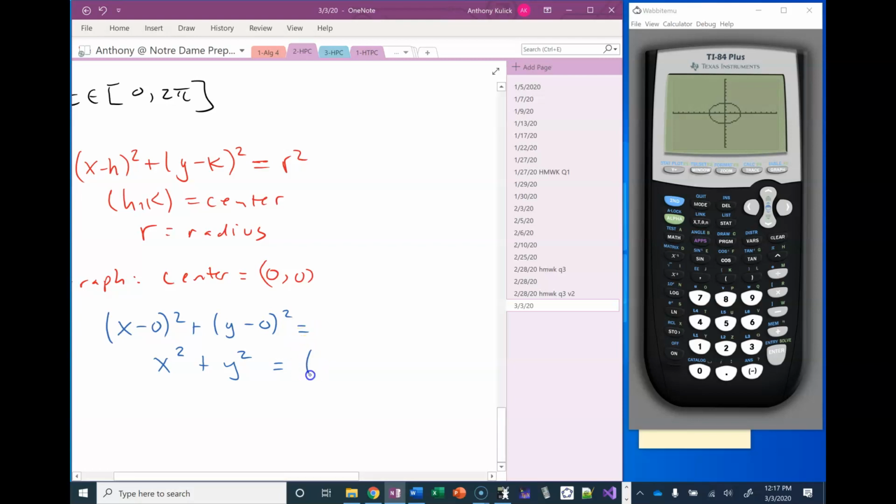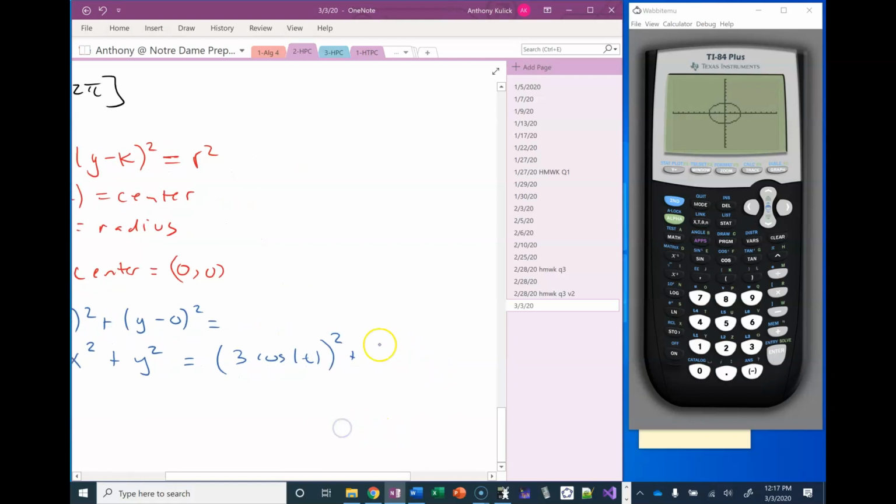Okay. And then what is x? Well, that's 3 cosine t. And y is 3 sine t. What is 3 cosine t squared?